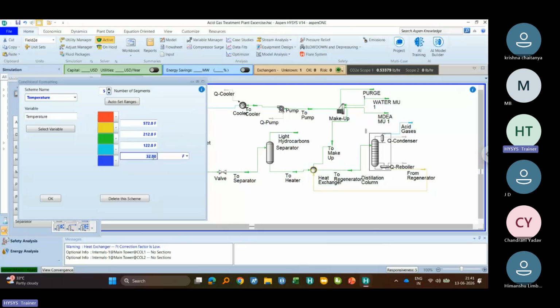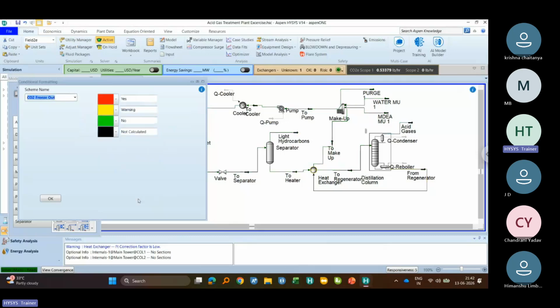You can change this according to your perception or any demand coming from the customer. We will not be changing the color scheme now. Less than 128, we will show by dark blue color. So we will enter the value as 128. Sorry, it has not taken that value. Let me delete this scheme. I've deleted the scheme for this temperature.